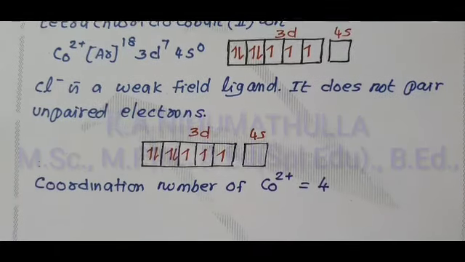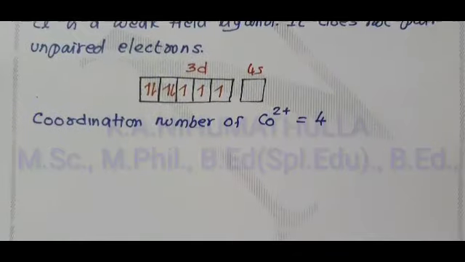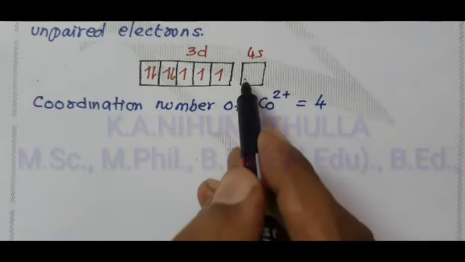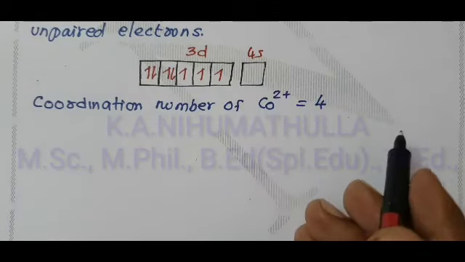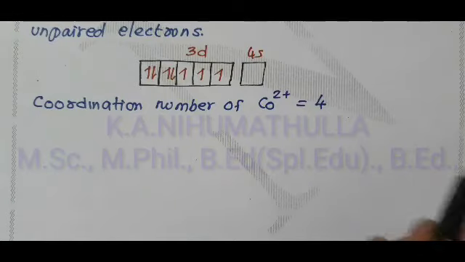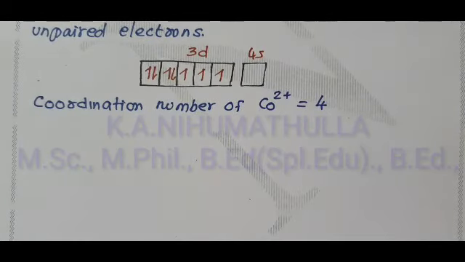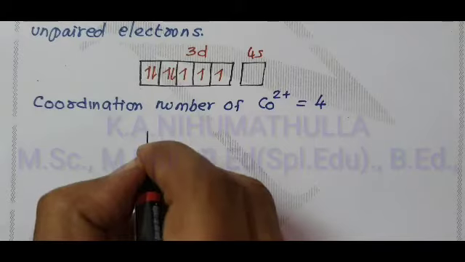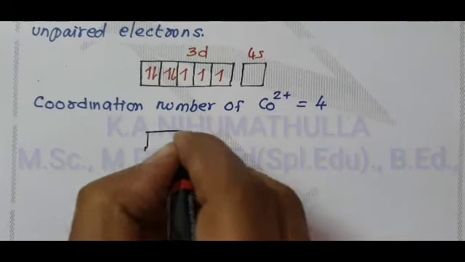The coordination number of cobalt is 4, indicating that the central metal ion must provide 4 vacant orbitals. Here it has only 1 vacant orbital. Therefore the next orbital, 4p, is also taken.